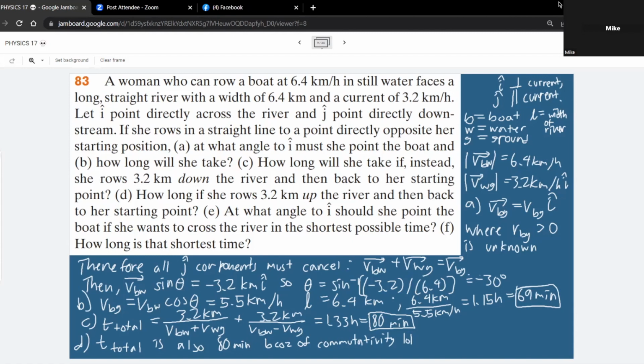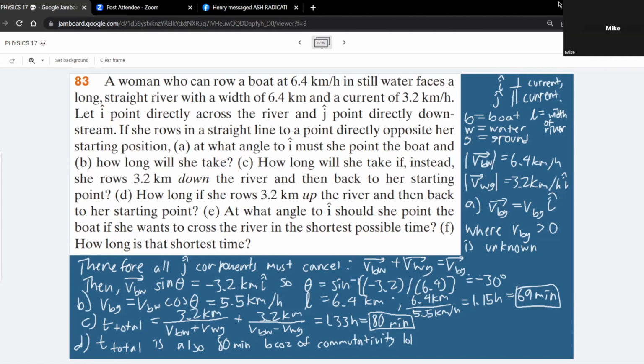I think it's better if we work it out in terms of reference frames. The ground-based reference, so what is the velocity of the water? That's going to be negative 3.2 kilometers per hour J hat. What is the velocity of the boat? We don't know yet, but we know the speed is 6.4 kilometers per hour.